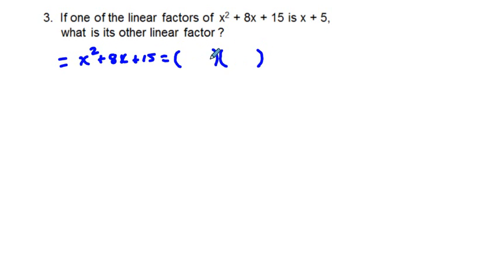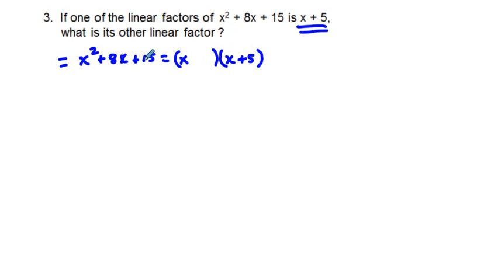Now, because we've been told that one of the linear factors of this quadratic trinomial is x plus 5, we can write this x plus 5 here, and then ask ourselves some questions. What times x equals x squared? Well, that's going to be x.